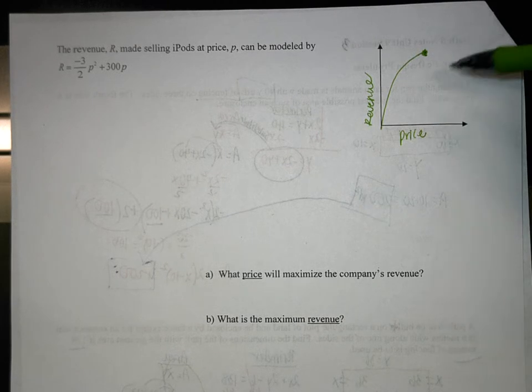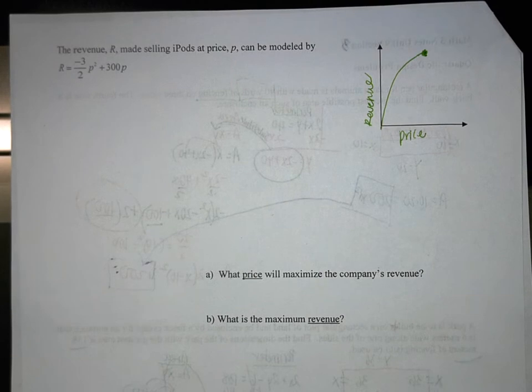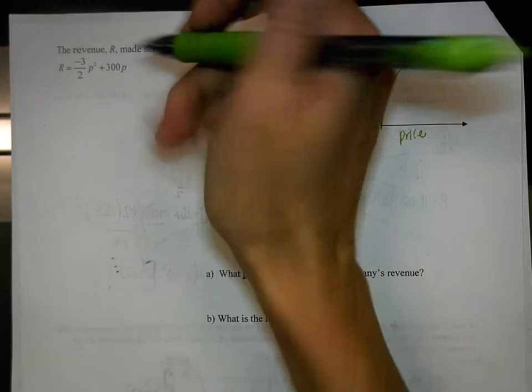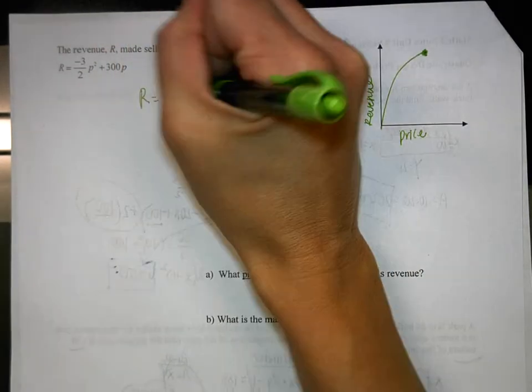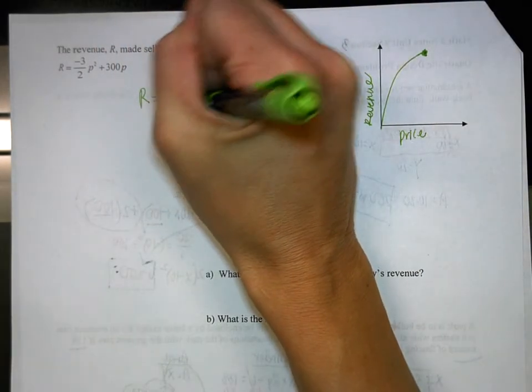Okay? So just like we did previously, we are going to complete the square. When you complete the square, we're able to find our vertex, which gives us our maximum price and our maximum revenue. Okay? So R equals, we're going to factor out a negative 3 over 2. Okay?